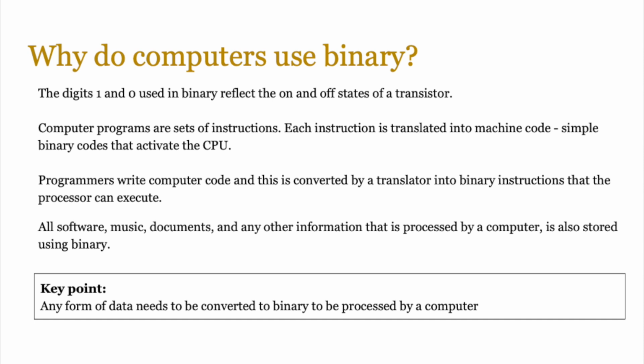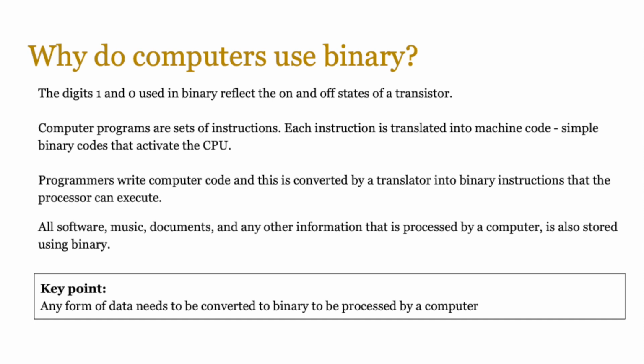Computer programs are sets of instructions, and each instruction is translated into machine code and simple binary codes that activate the CPU to do something. And this is normally written in the CPU's instruction set. We'll be talking about all of this later on. Programmers write computer code, and this is converted by a translator, a program which converts whatever the human types in, for example, a print command in Python, into exact binary instructions that the processor can execute.